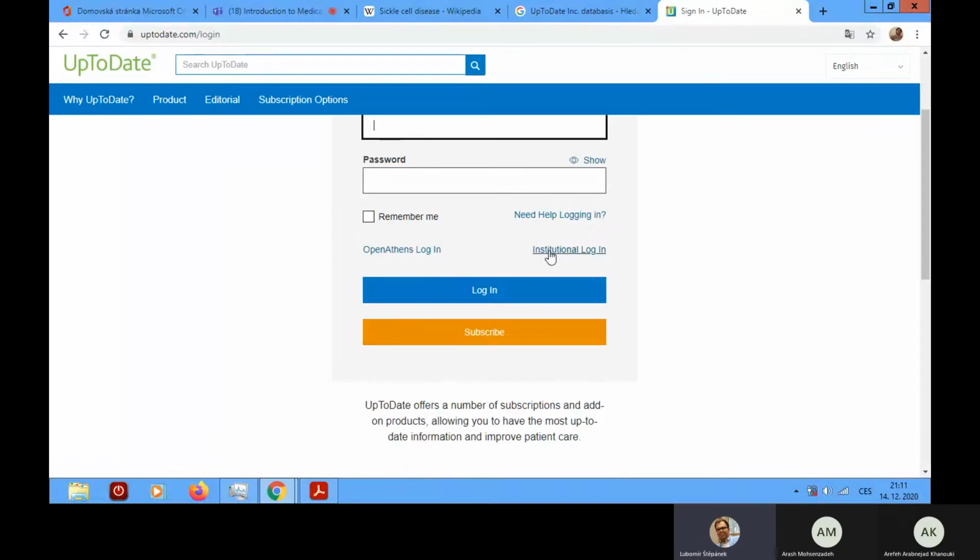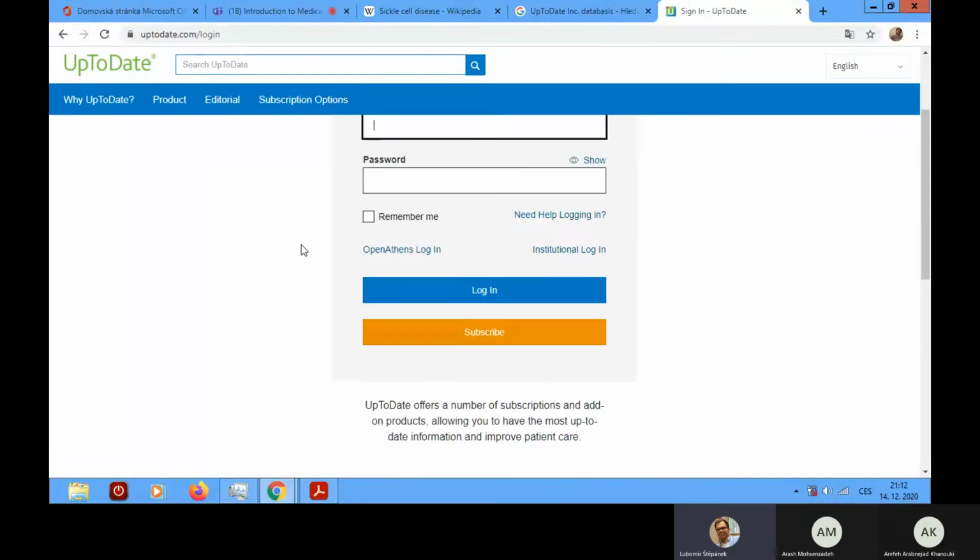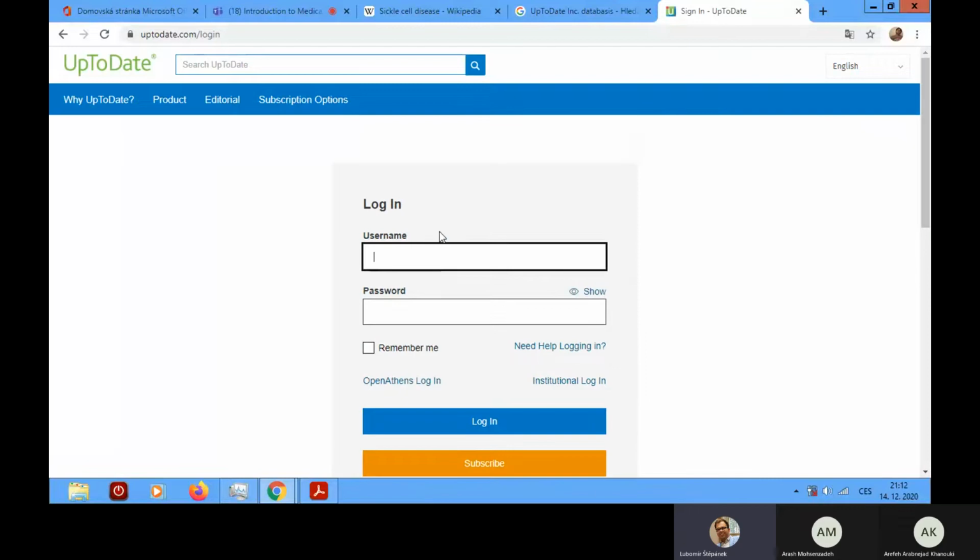Yeah, institutional login. But now I'm just at my home, so it will not work over here, I'm not on a VPN. But if it is the campus of Charles University, it should be possible to log in using this institutional login. So we can get into the databases, search for the papers, for example, browse between the papers and so on.